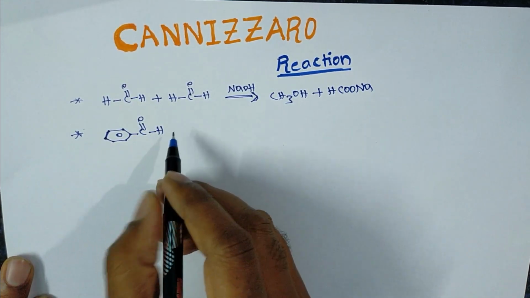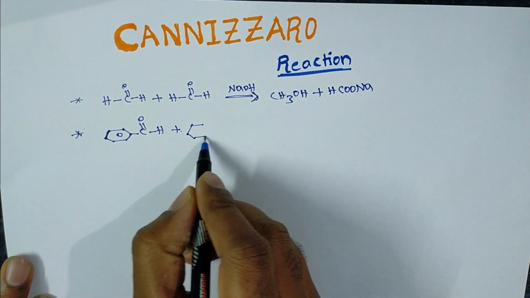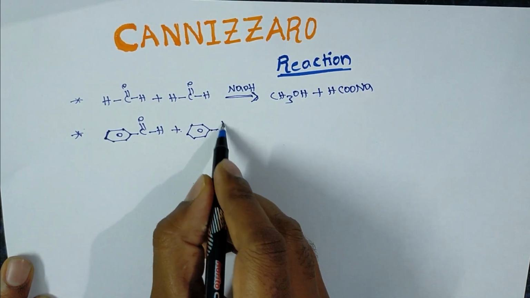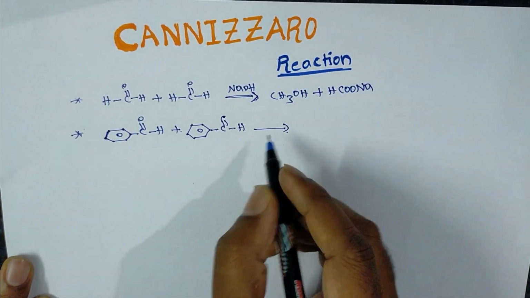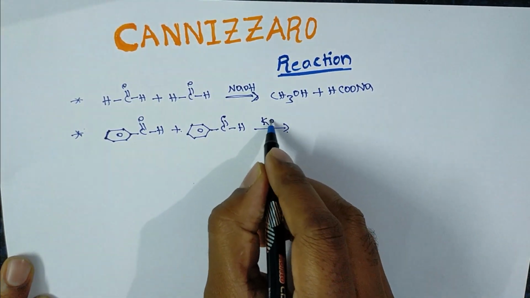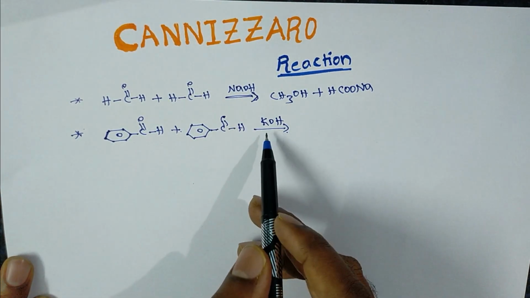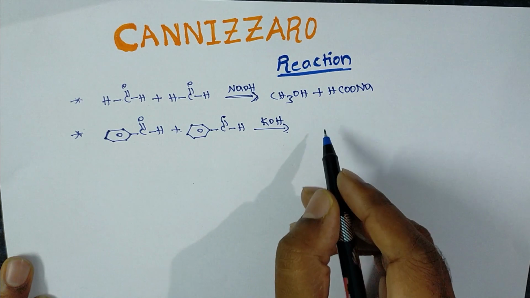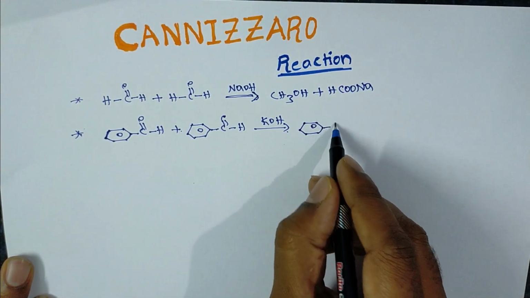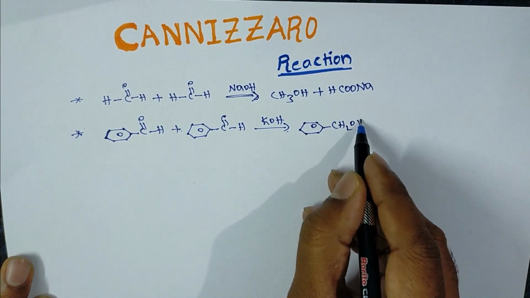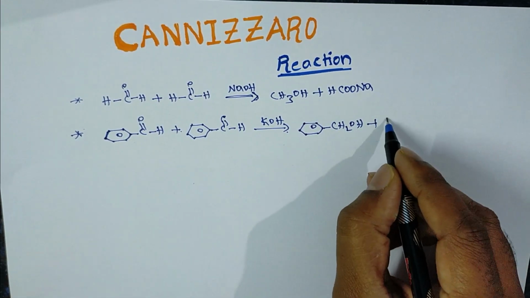Benzaldehyde, C6H5CHO, plus C6H5CHO. Two moles of benzaldehyde, when reacted with strong bases like NaOH or KOH, give benzyl alcohol, C6H5CH2OH, plus potassium benzoate.